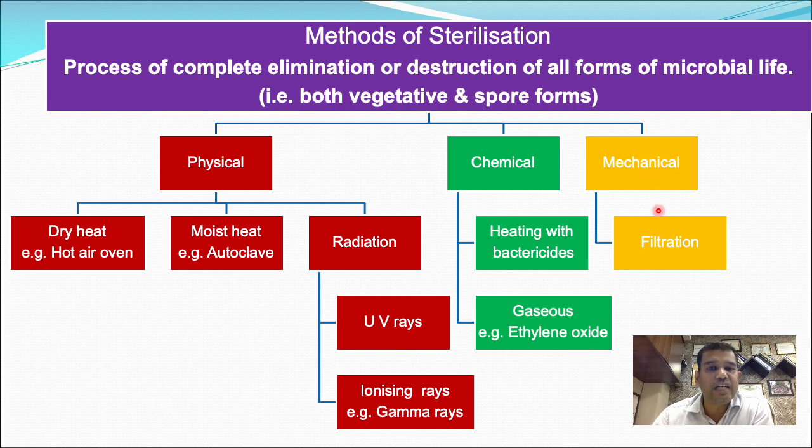Lastly, mechanical, that is by filtration. You use various sizes of filters. A smaller size will filter out even small viruses. In that case you can use this for sterilization of liquids, which is better for sterilization.